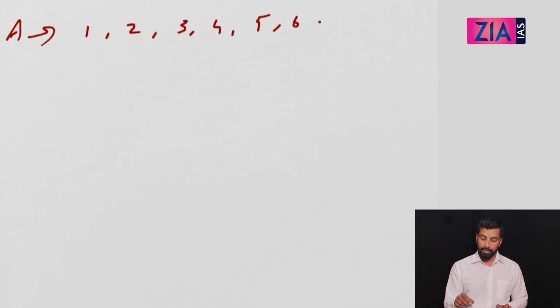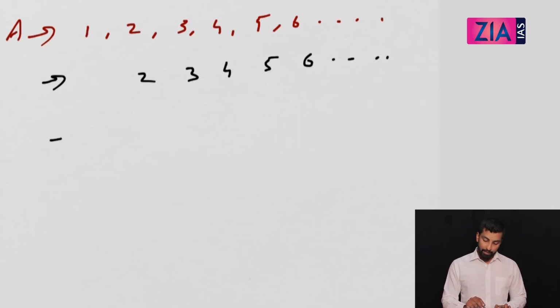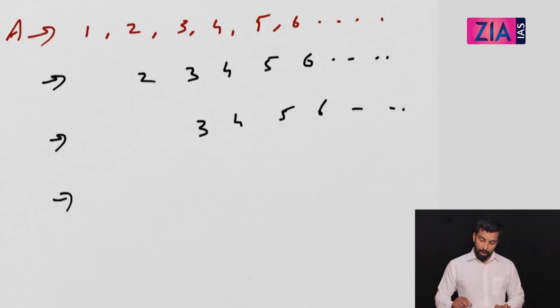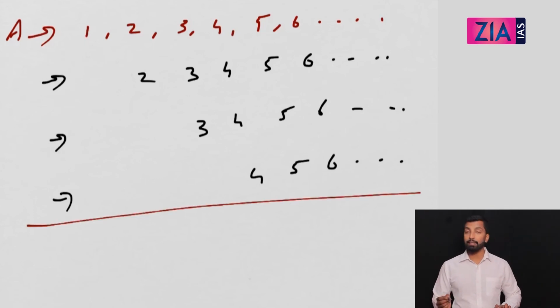The questions are like this. One person A came and wrote numbers like 1 2 3 4 5 6 etc. Another person came and wrote 2 3 4 5 6 etc. Another person wrote 3 4 5 6 etc. Another person wrote 4 5 6 etc. So what is the total sum of numbers involved on the board?